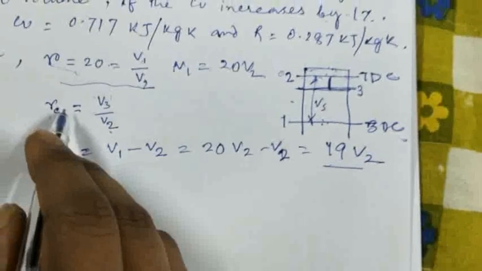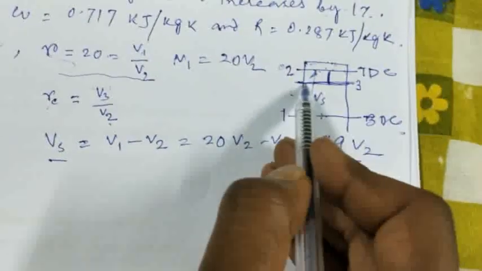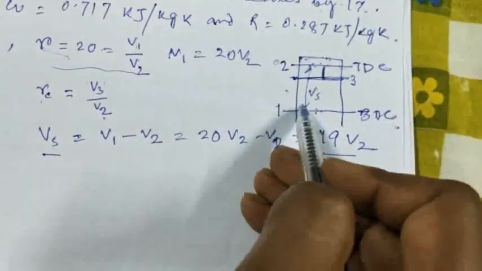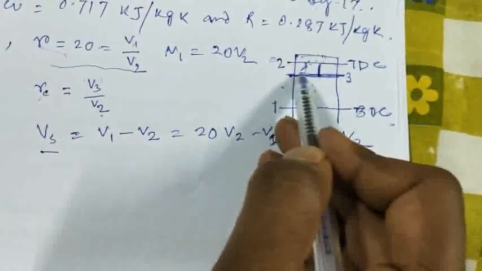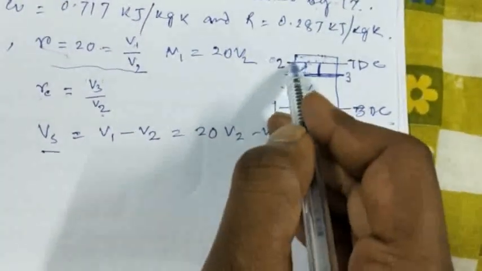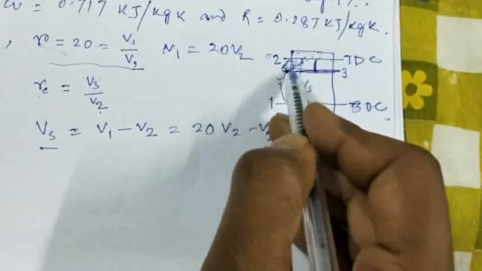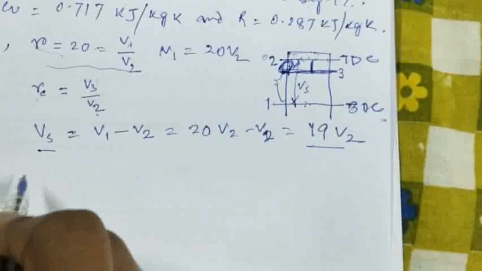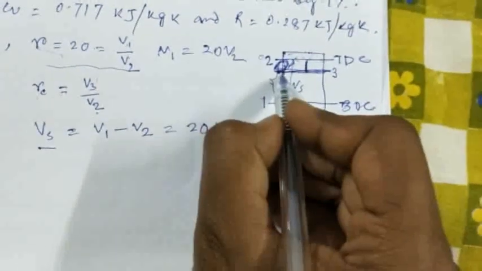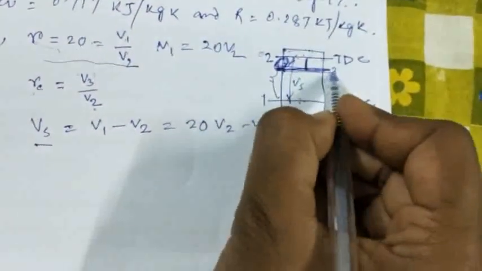The cutoff takes place at 5% of the swept volume. So we can calculate the volume V3 by this.